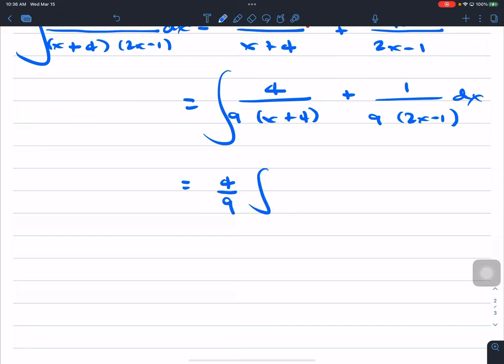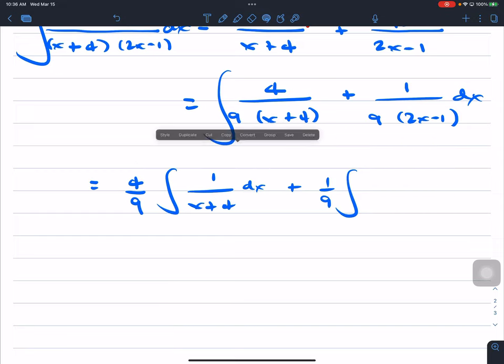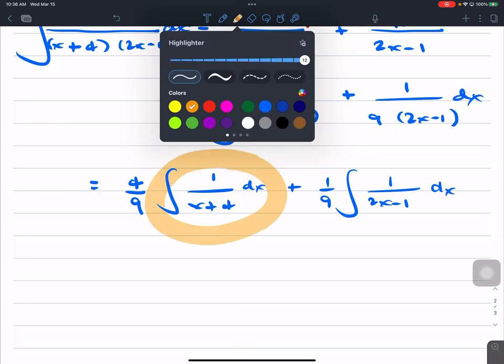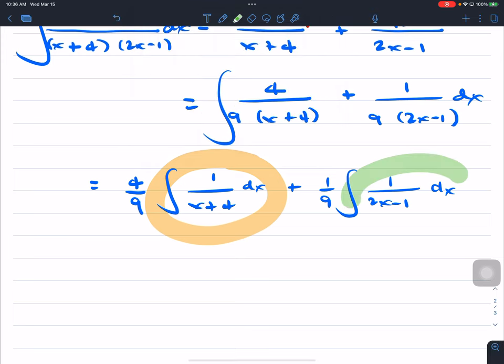Integral of a sum is sum of integrals. Integral of a constant times a function, pull out your constant. This is what you guys get. So now you have two integrals that are easier to integrate.